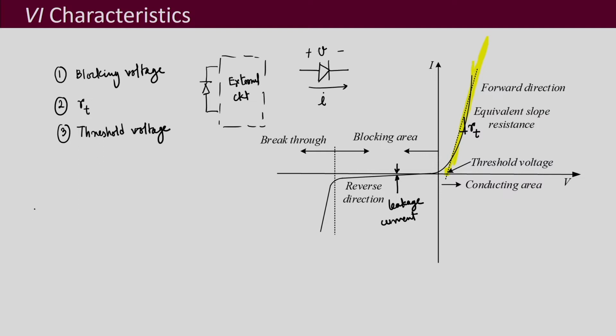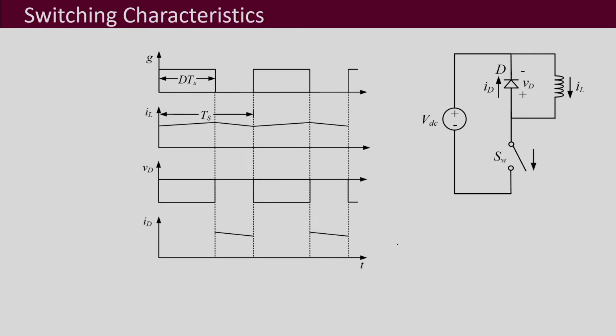And one more you get to know is the leakage current. These are the things that you get to know from the VI characteristics of the diode. Now, let us look into the switching characteristics of the diode.